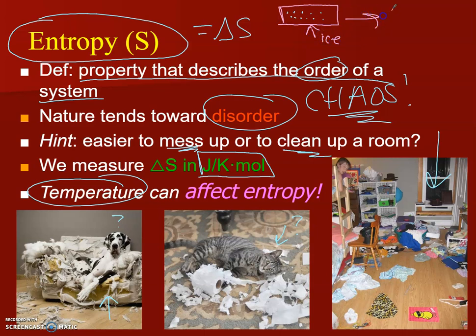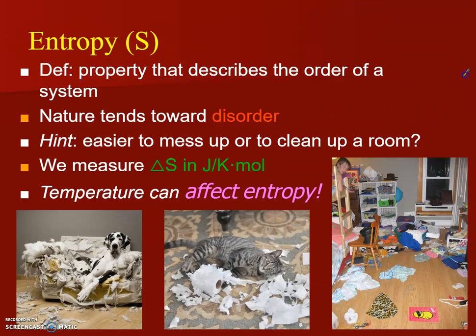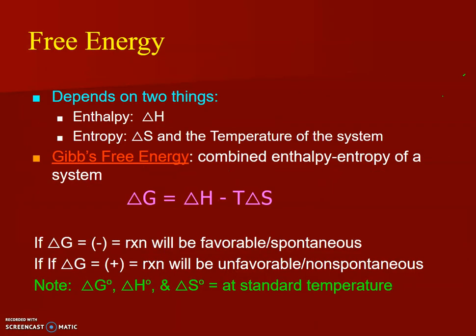If I heat them up, that ice is going to form water, and you're going to see that it's going to be all flowy and chill and cool. And if I heat it up even more, then it's going to make the gaseous vapor, which means that it's mainly empty space, and those little suckers are flying around all over the place. All right, so entropy is going to be one of the factors that we use to figure out the overall energy of a reaction or a process.